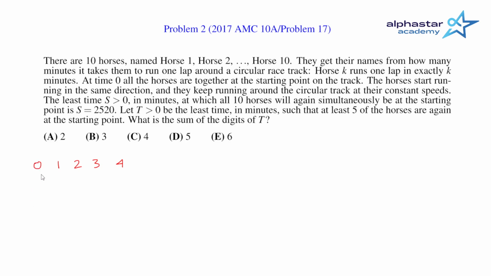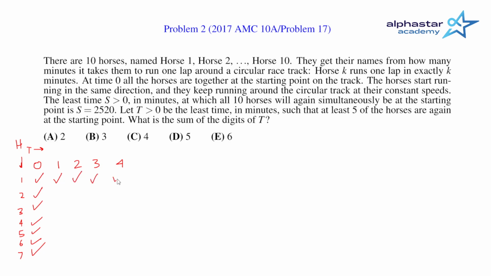If we represent the horse numbers here and the time on this side, then at time 0, all of the horses are at the starting point. However, as we progress, for example, at time 1, only horse 1 is at the starting point.